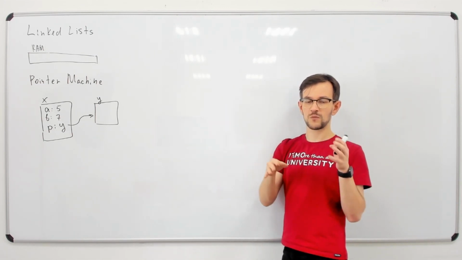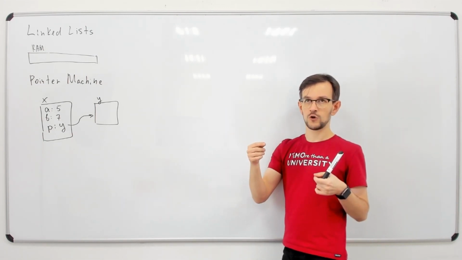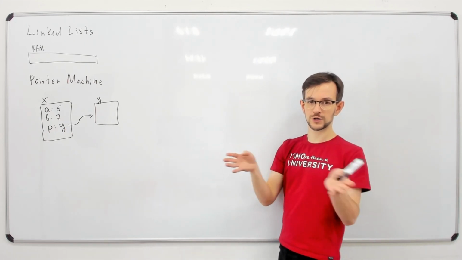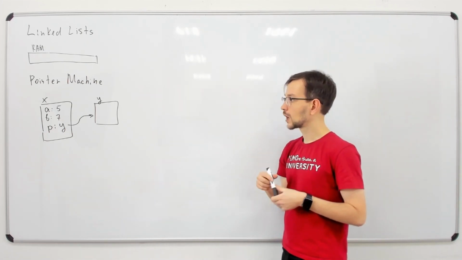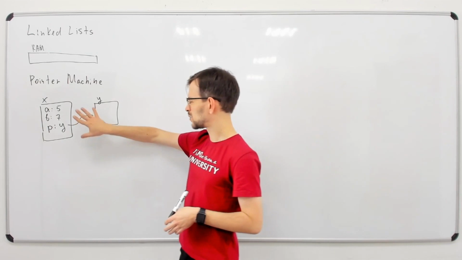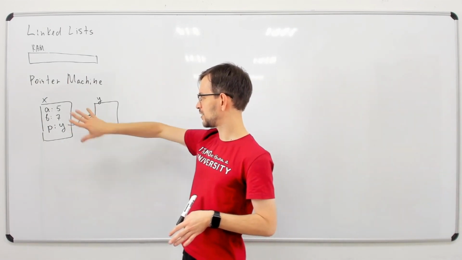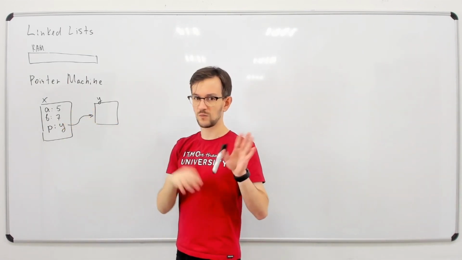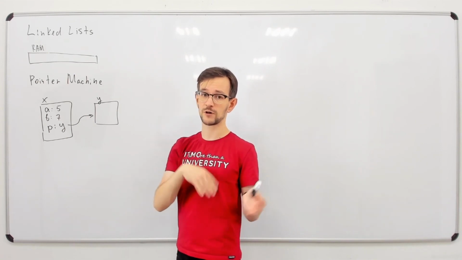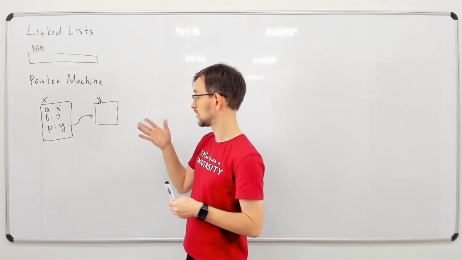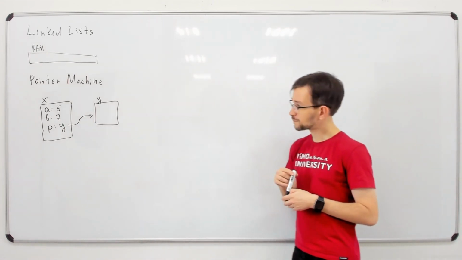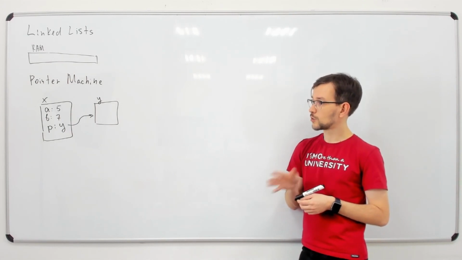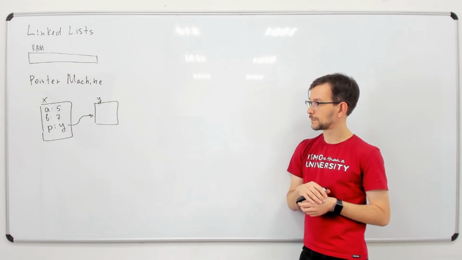You may have a pointer to itself. You may have a pointer which points nowhere, just to null. It's mostly like classes in most programming languages, like classes in Java or Python. That's all you have in the pointer machine model.